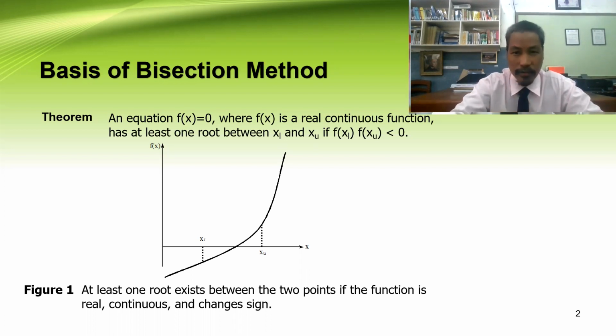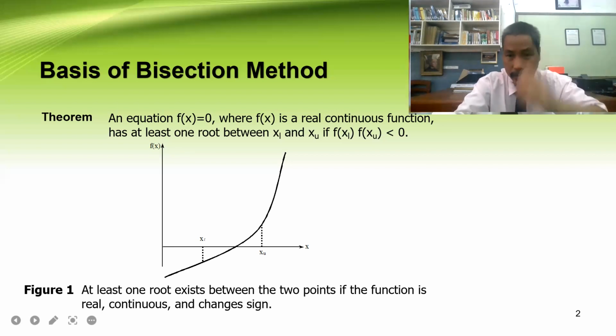For example, we use x_l as the lower value between the two, and x_u as the upper value. As you can see in the figure, we have the x-axis and the f(x) axis. The f(x) axis is the value of the function, meaning the vertical quantity.